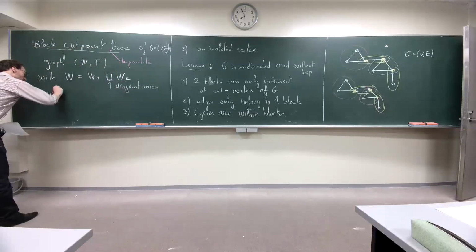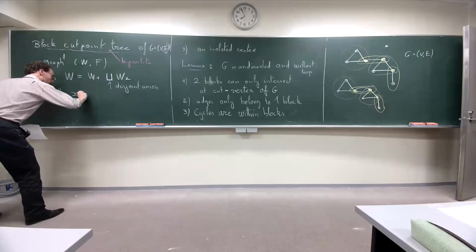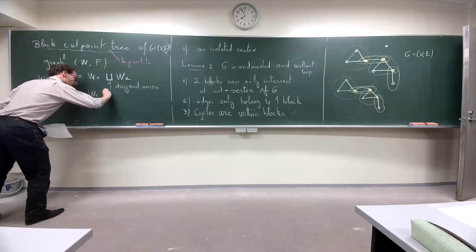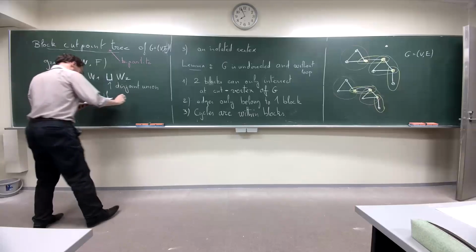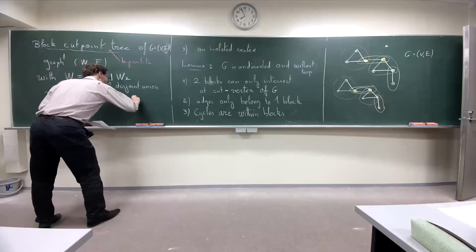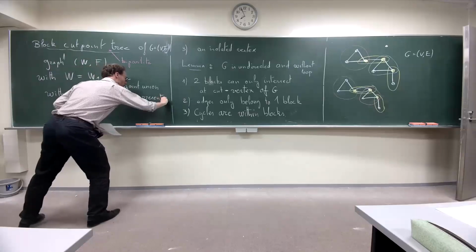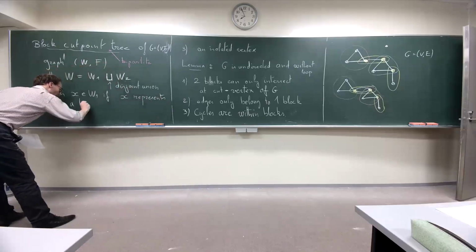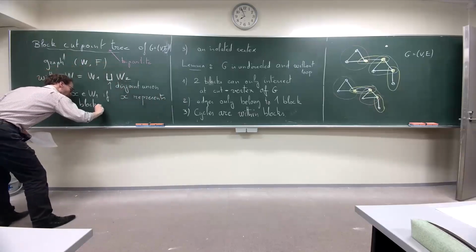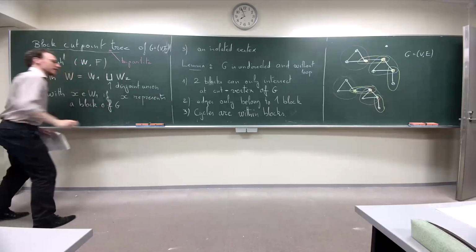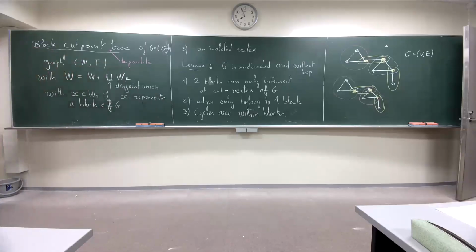So X belongs to W1 if X represents a block of G. So it means each block is going to be represented just by one element in W1.